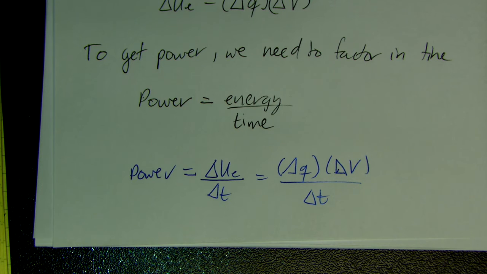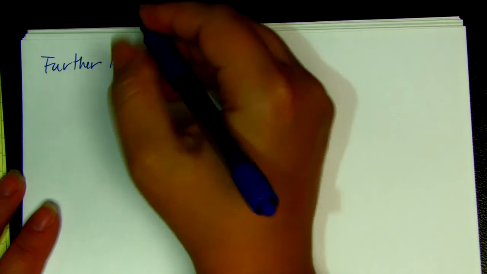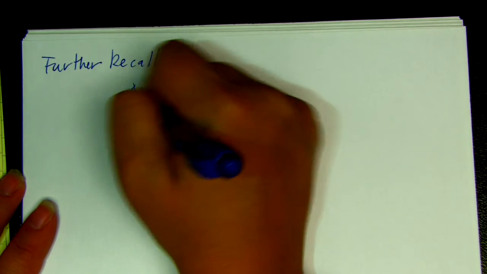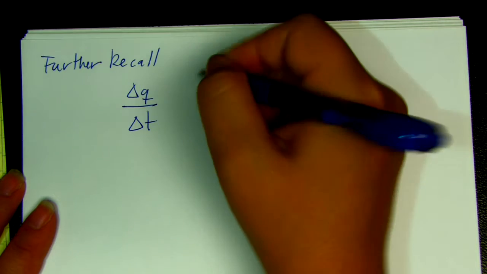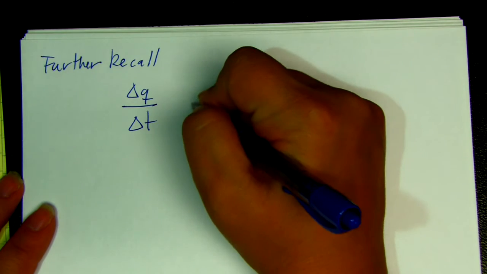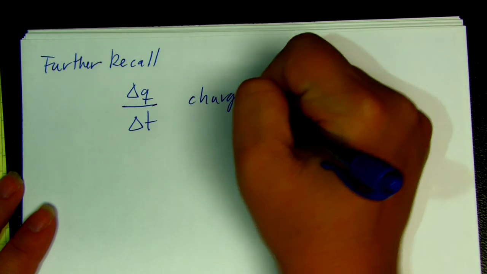All right, so building on that, let's bring in some things that we already know. So delta Q over delta T is charge moved per unit time.